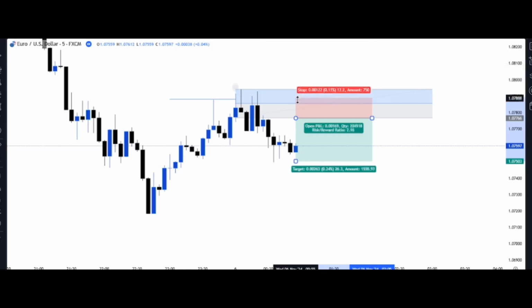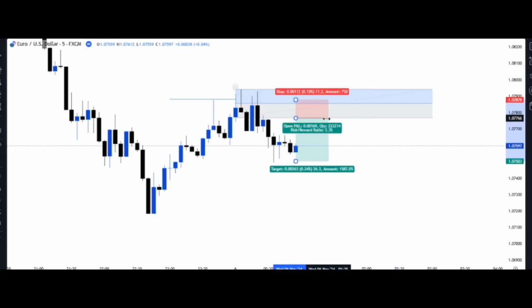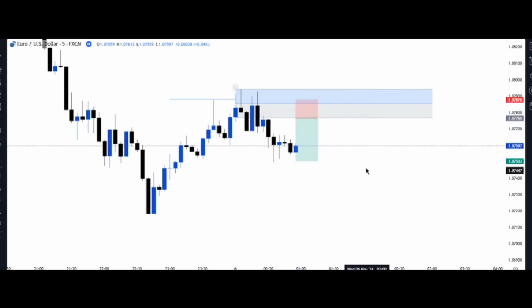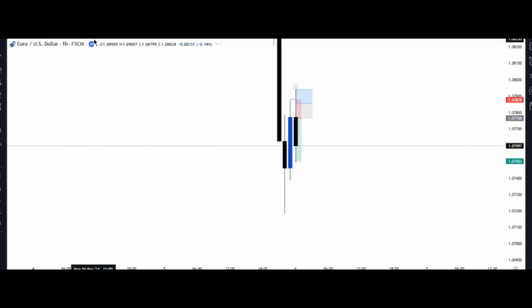And where is your stop loss? Stop loss just above. Simple. And where do you target? Well, you target the 1H low. Let's look at the target on the 1H, our TP. So we can target this low here.